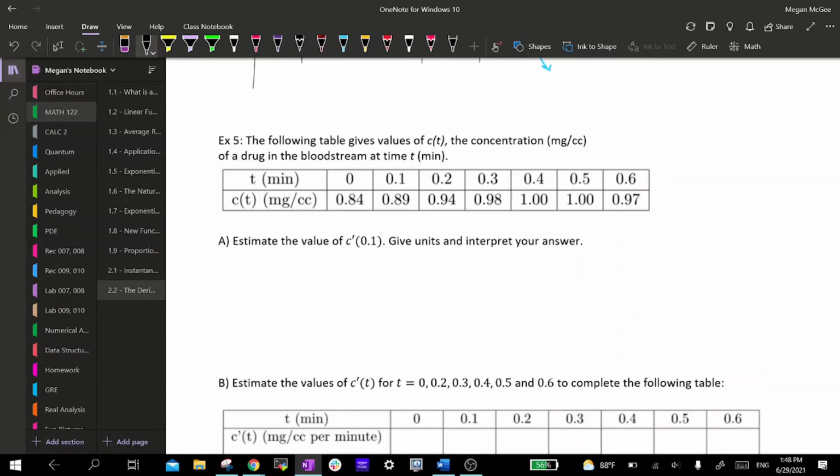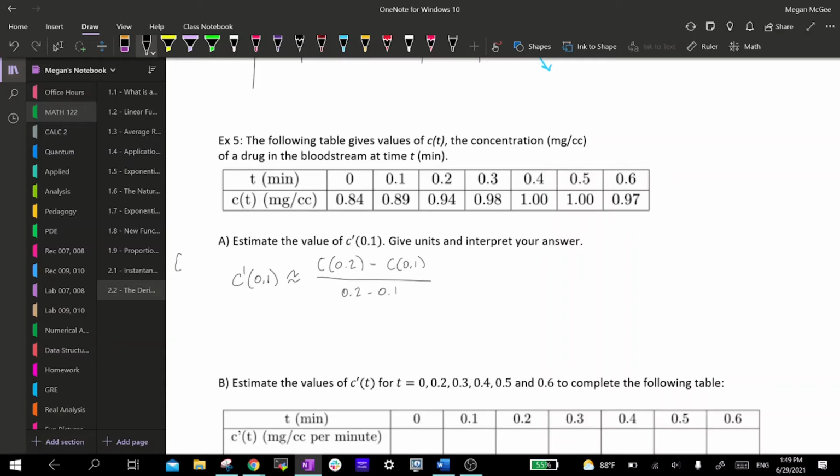All right, so far the best way that we have learned to approximate or estimate the derivative is just to look at the average rate of change, right? So c prime of 0.1 is approximately the function c of 0.2 minus c of 0.1 over 0.2 minus 0.1.